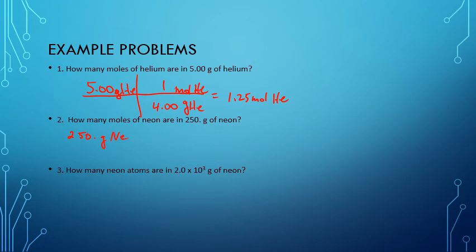grams of neon. And once again, I need grams to be in the denominator. 1 mole of neon in the numerator. For all your conversions, it will always just be 1 mole. And then off of your periodic table, you should notice the molar mass of neon is 20.18 grams.